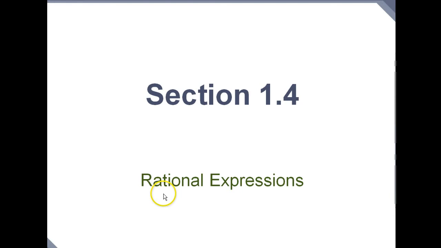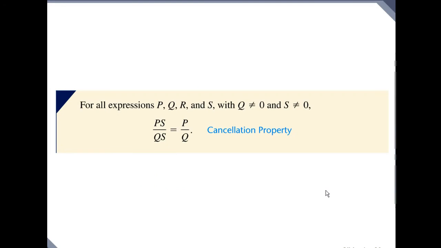Okay, here we're going to talk about rational expressions, and a synonym for this often is fractions. So just some pointers on dealing with fractions. Here, for this particular fraction, notice it's P times S over Q times S, and they're saying that neither of these are zero.